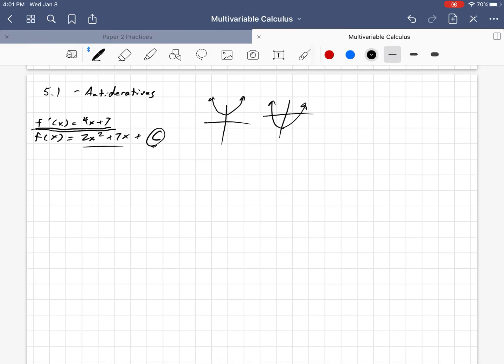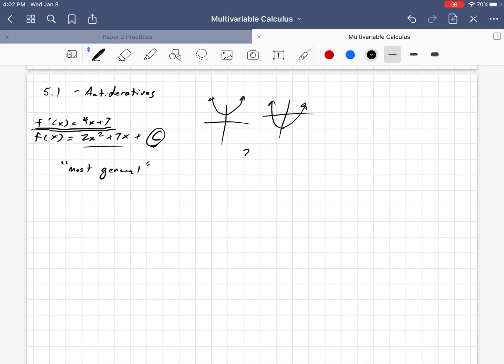So adding or subtracting a constant won't affect the derivative, so therefore, to find what we call the most general antiderivative, we add a plus c at the end.